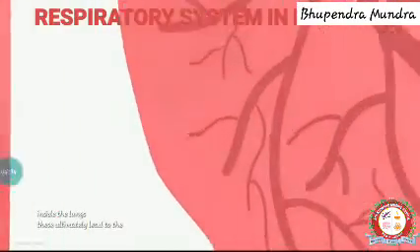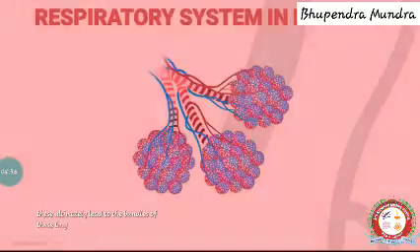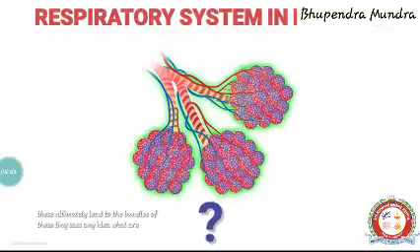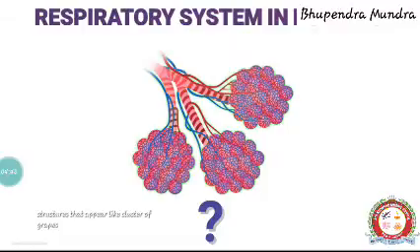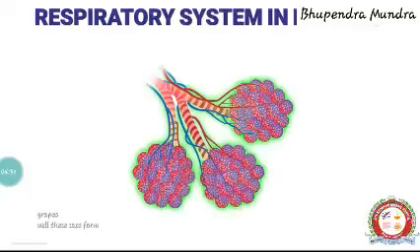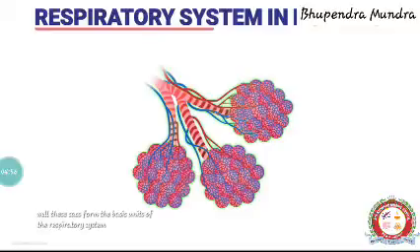These ultimately lead to a bundle of tiny sacs. Any idea what these structures that appear like a cluster of grapes are? Well, these sacs form the basic units of the respiratory system.